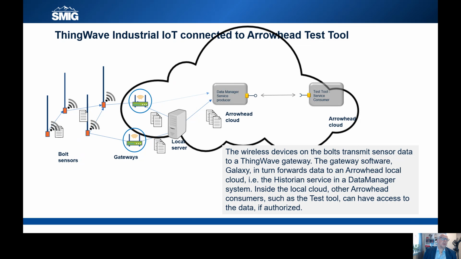The data manager has a historian service that the test tool connected to with the historian consumer. And the test tool verified that the information from the bolt sensors was correct and was what we expected it should be.